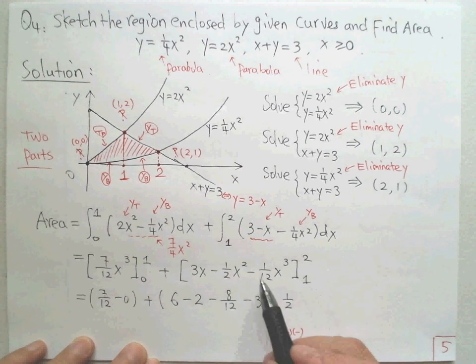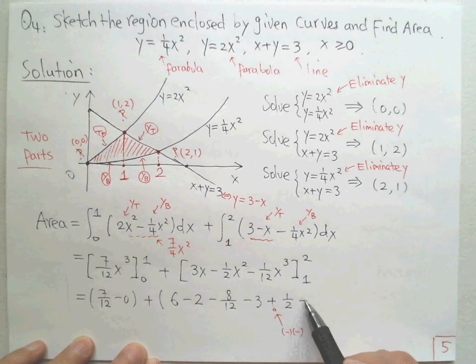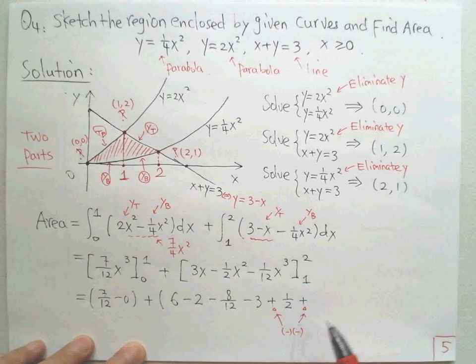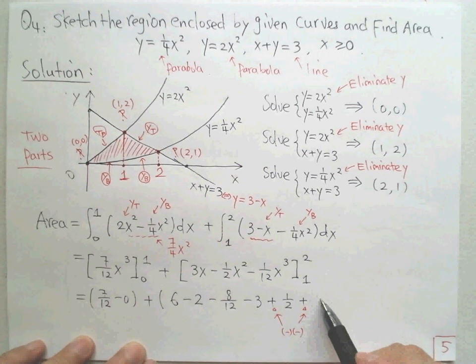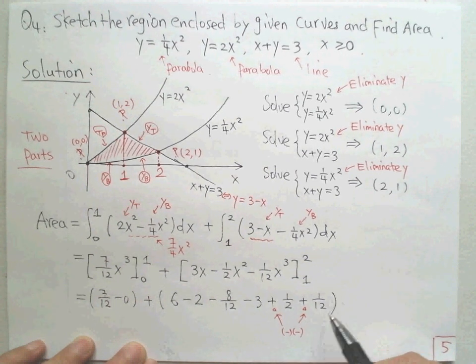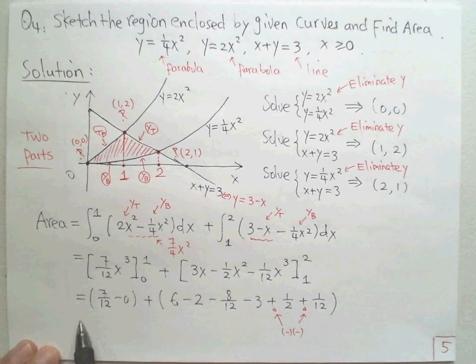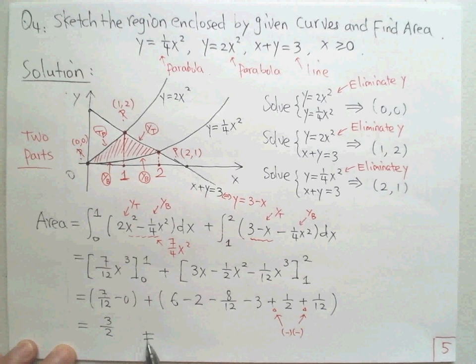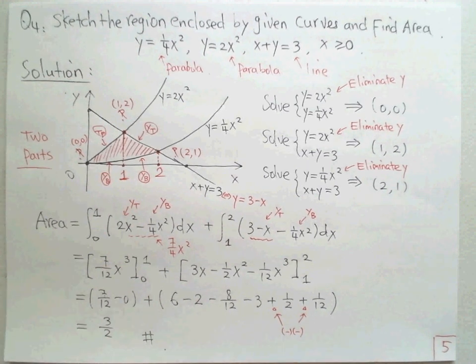So be careful about this. Negative times negative goes to positive. And then minus negative is the same. So here it is not a negative. It's the same. Negative makes it positive. It's 1/5. That's everything. And then simplify. You can use your calculator. We get 3/2. Thank you. That's all.